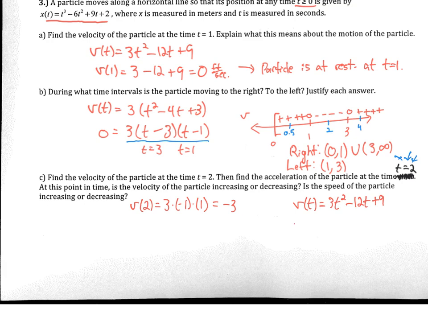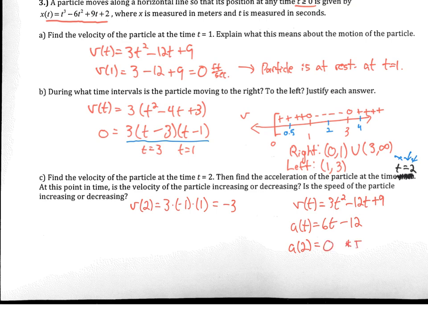So let's take the velocity and find its derivative to get acceleration. 6t minus 12. Okay? And then plugging in 2 into the acceleration means that we get an acceleration of 0.